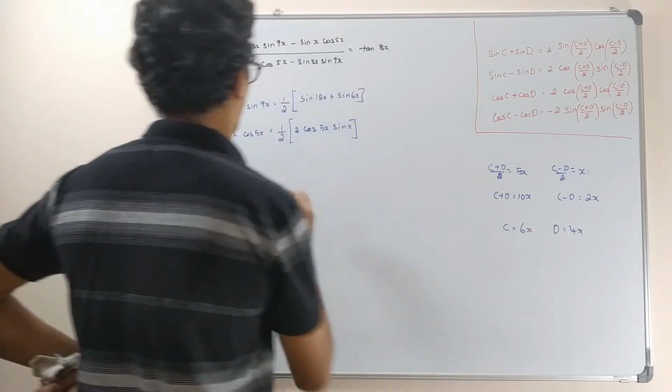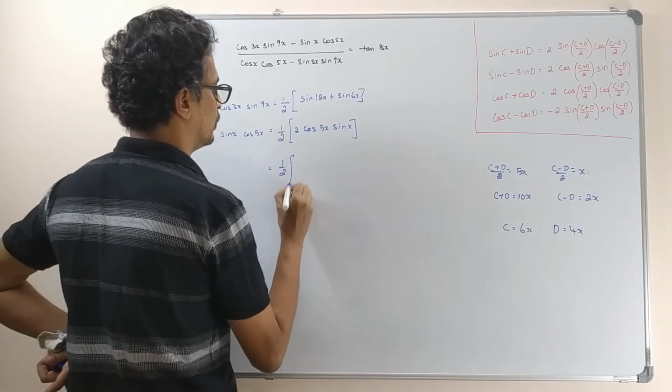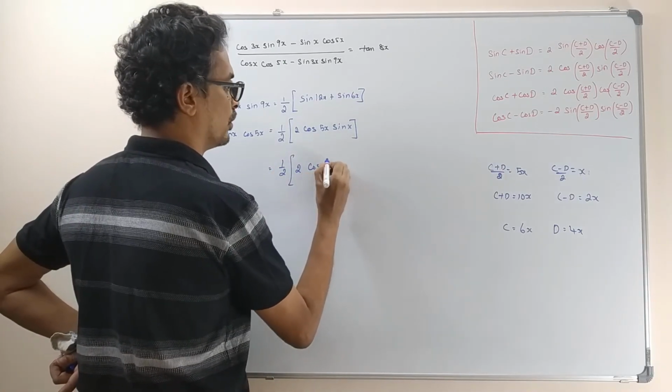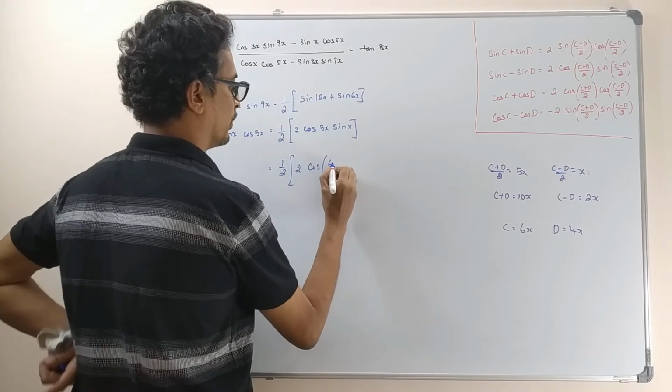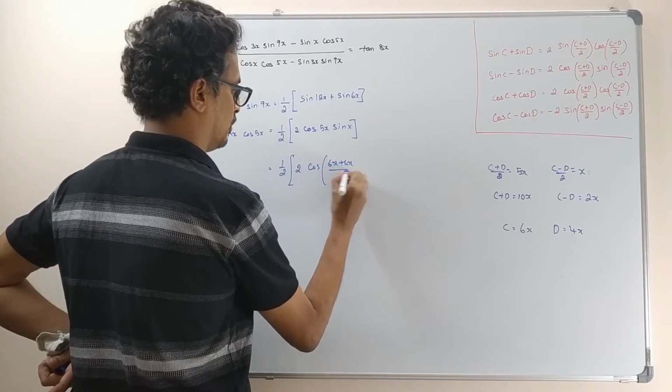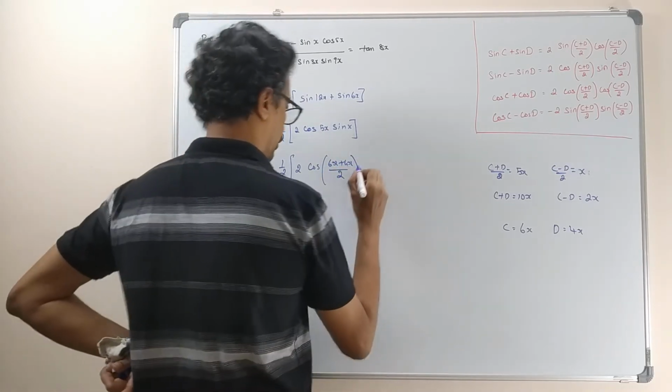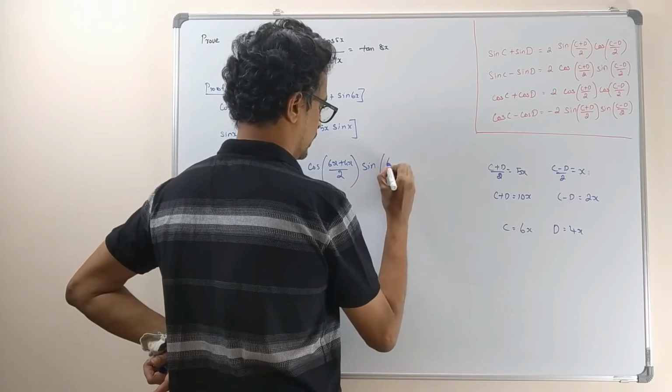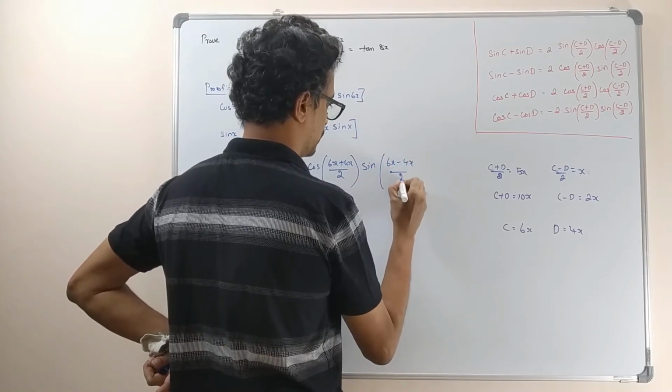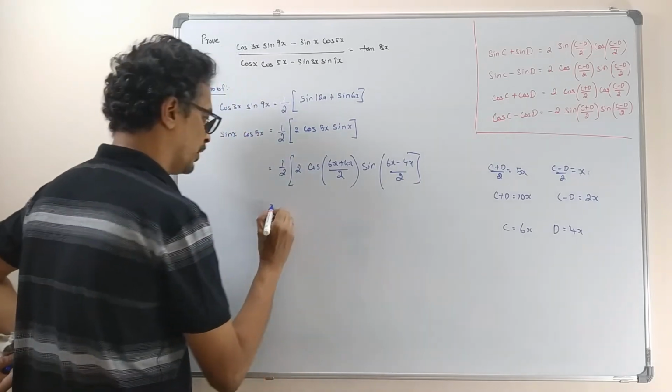Okay, so this will be half, 2 times cos of (6x plus 4x) by 2 into sine of (6x minus 4x) by 2. Correct? So this will be half.